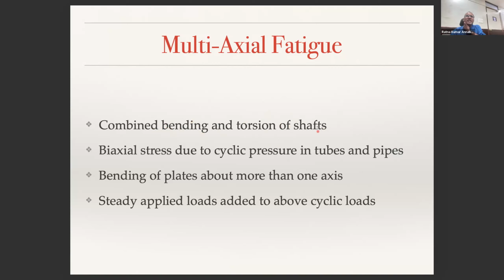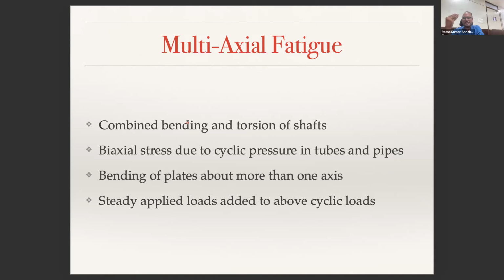So if you want to really design a shaft and transmit torque, it is in general subjected to both bending and torsion, which means you will have cycling between bending stress as well as torsional stress, that means shear stress. This is a typical classic case of combined state of loading.